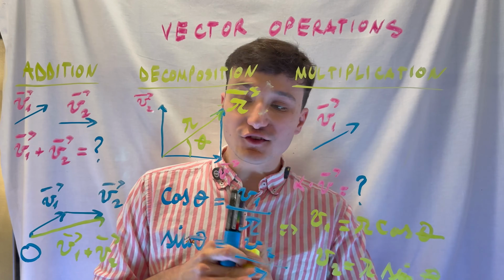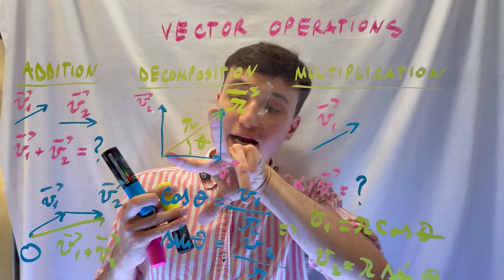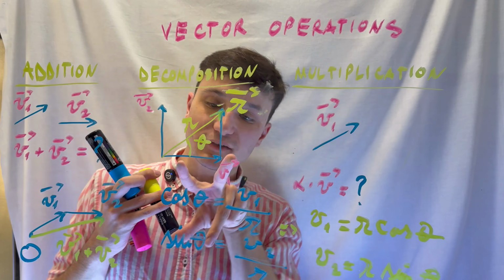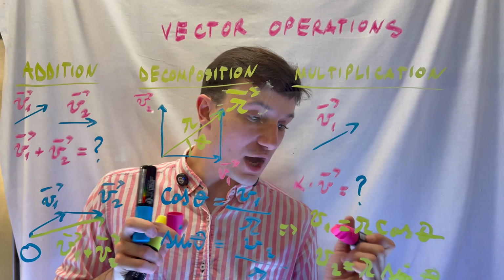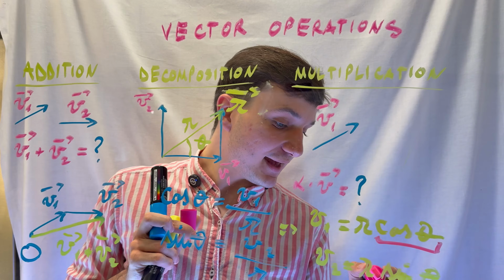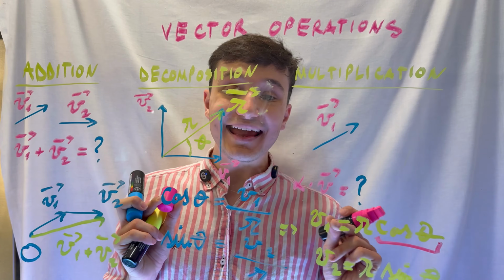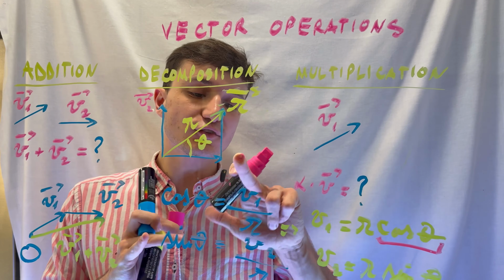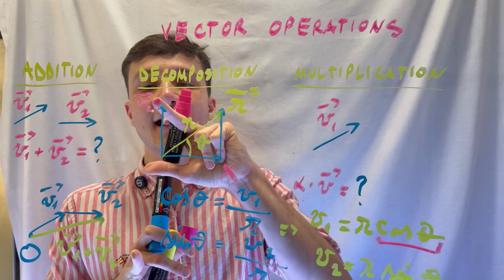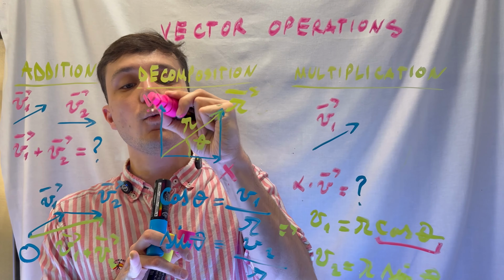We expressed our original big vector in terms of two dimensions that are perpendicular to one another according to the laws of geometry, using cosine and sine. If it helps, let's label our axes a bit more usefully. Let's call this axis x, and let's call this axis y.